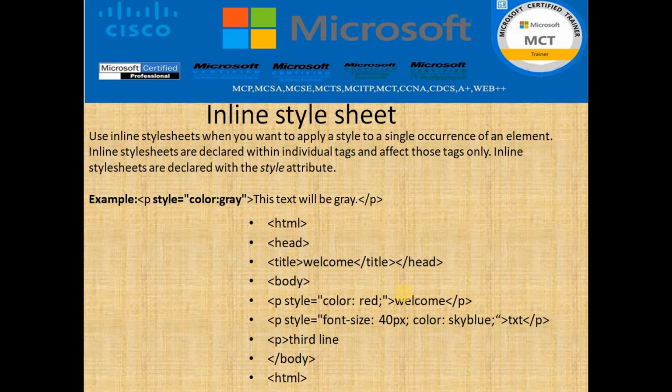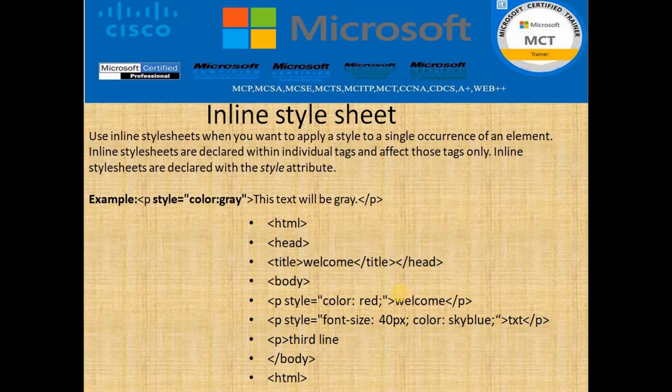That means the inline style sheet is basically used when you want to apply a style to a single occurrence of an element. When you design one page, you design each and every element yourself: each text or image you display, one by one, by going to the particular section and providing the necessary tag along with its properties.